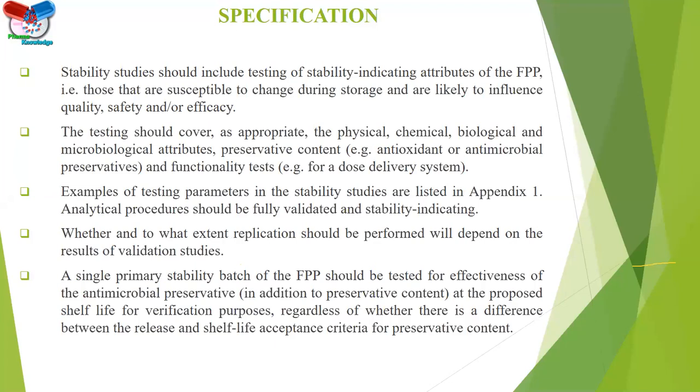Whether and to what extent replication should be performed will depend upon the result of the validation study. Means after the validation study, we finalize what the replication requirement is, so it is applicable for stability also. A single primary stability batch of finished product should be tested for effectiveness of the antimicrobial preservative. Means the preservative study should be done on at least a single batch.